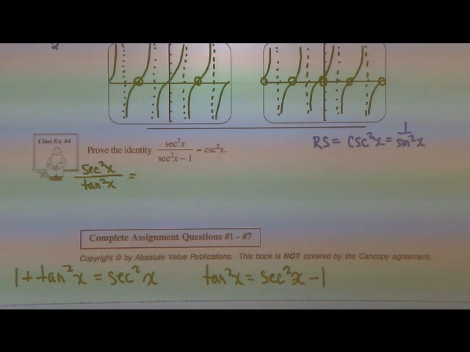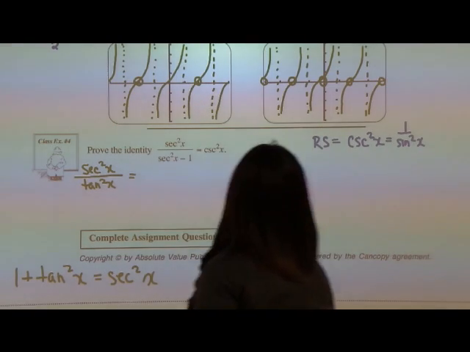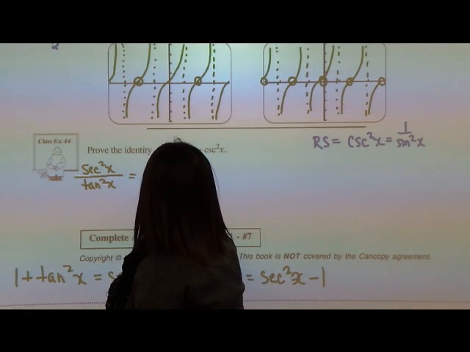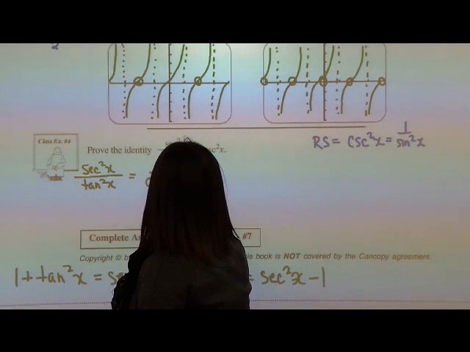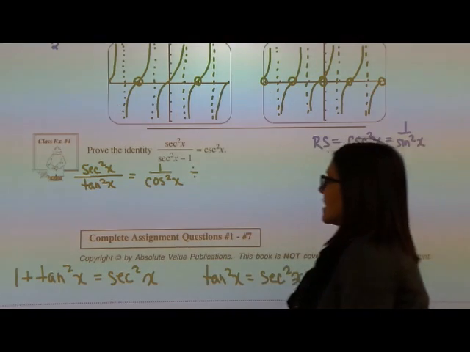So what is secant squared x? One over cos squared x. And what is tan squared x? Sine squared x over cos squared x.